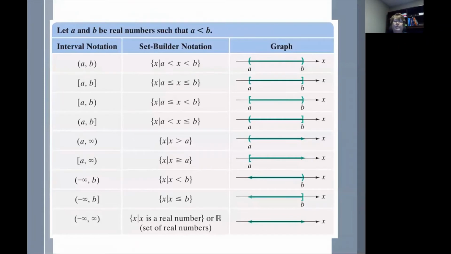So whenever parenthesis, negative infinity, comma, infinity, close parenthesis, that means all real numbers. Everything on the number line from negative infinity to positive infinity.